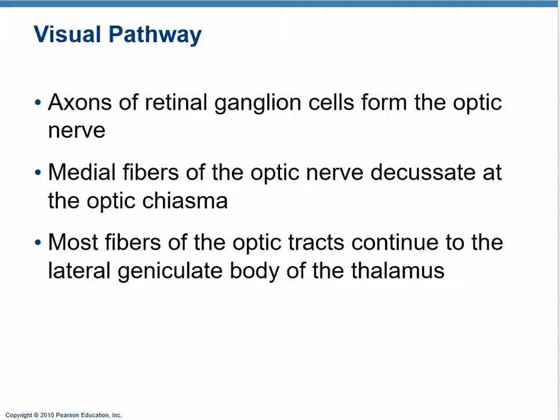So the pathways from the optic nerve pass along the optic nerve to something called the optic chiasma. And this is a decussation point where some of the fibers go to the left side and some of them go to the right side, right? And then from the chiasma, we have something called the optic tracts, and they go to the thalamus.